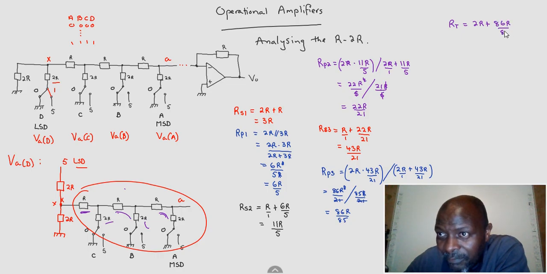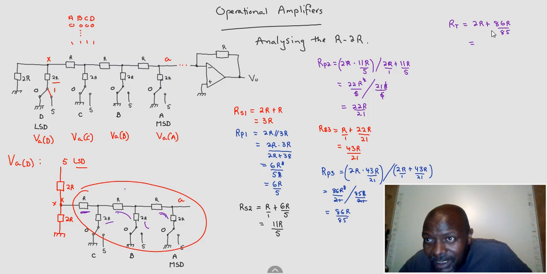over 85. Now, adding this means this has to be twice that. This is 170R plus 86R over 85.